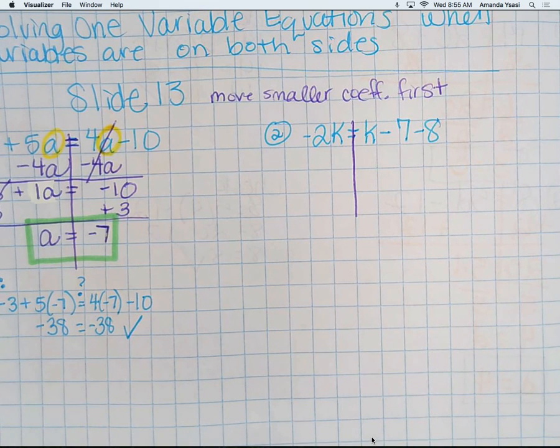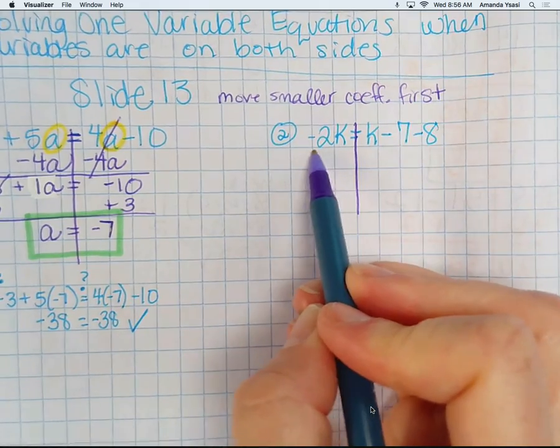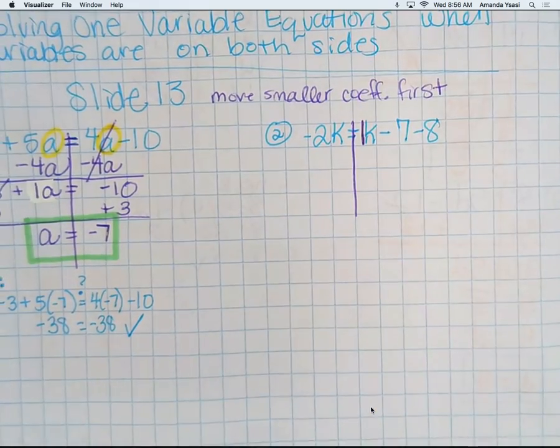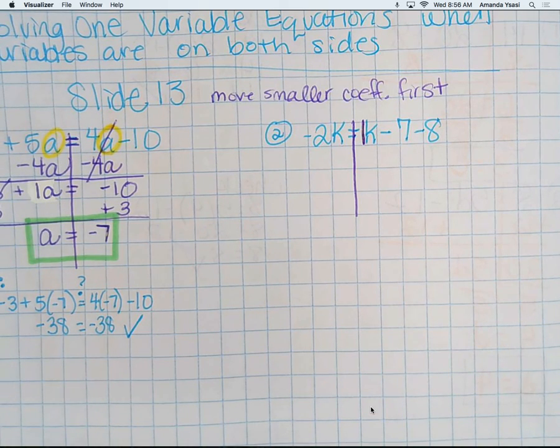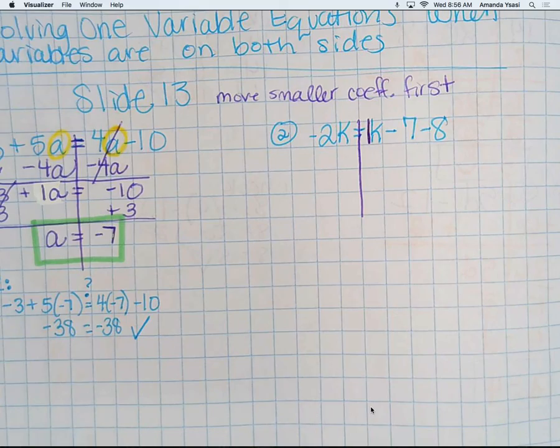Okay, so we have the problem written down. And what I told you earlier is move the smaller coefficient first. So our coefficients are -2, and that would be like 1k. So which one do I want to move? -2.